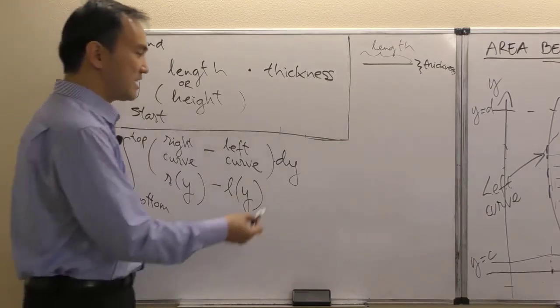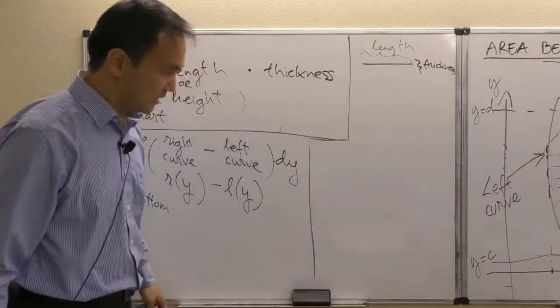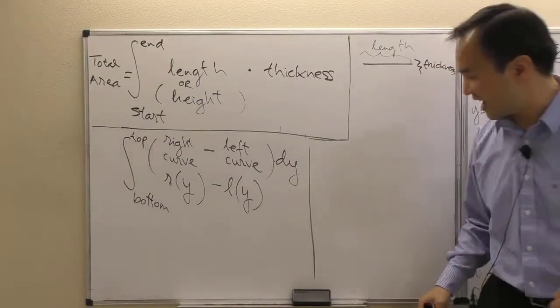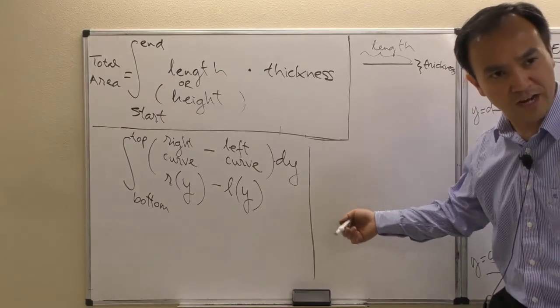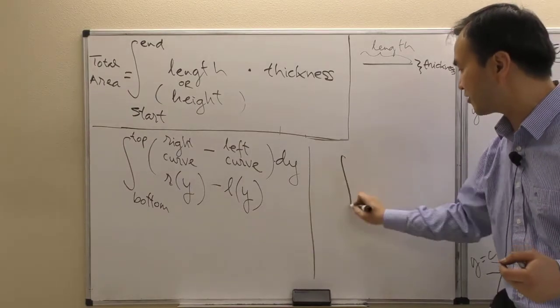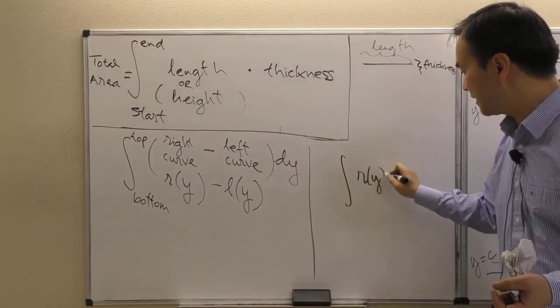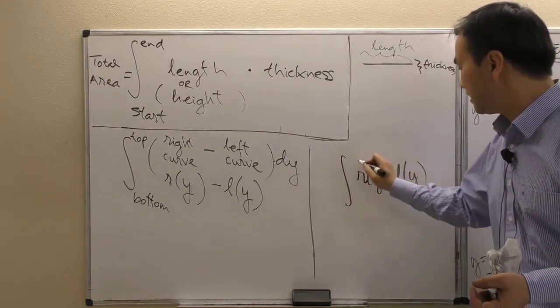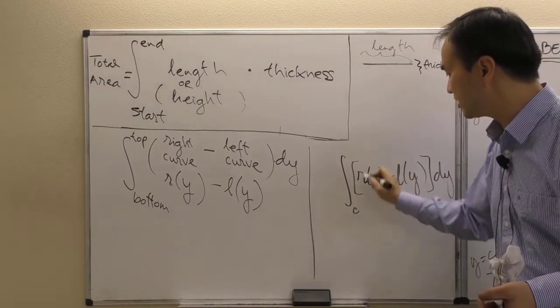At the end of the day, when you read any textbook, it is going to say that if you use your stripes horizontally, integrating with respect to y, then you set up your integral as r of y minus L of y, multiplied by dy, integrating with respect to y from c to d.